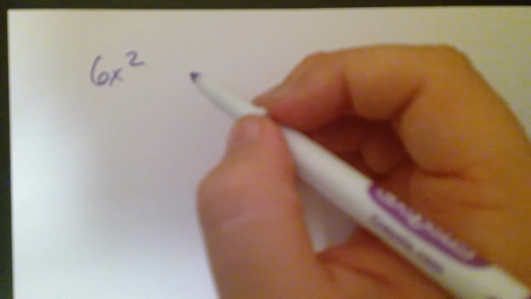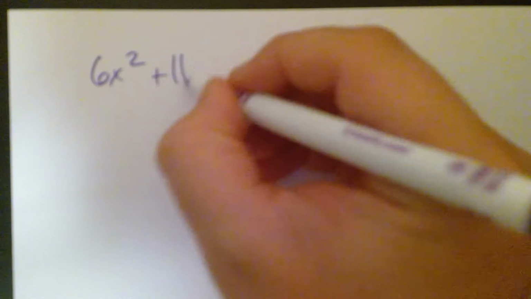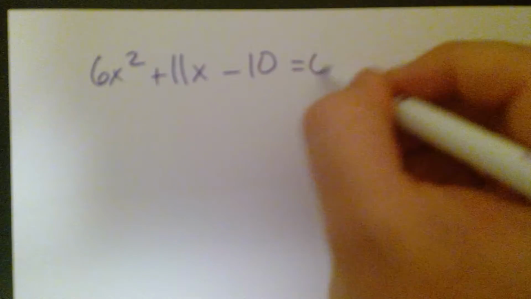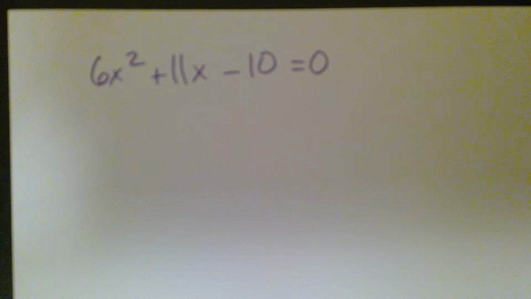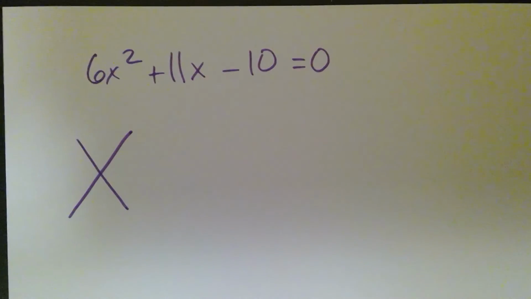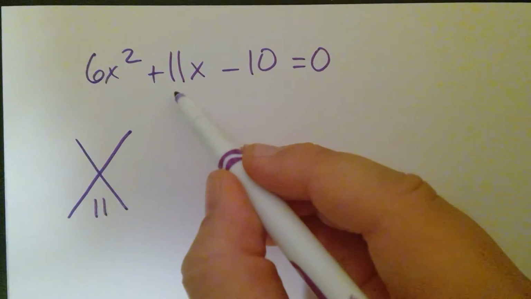So let's say that we are going to factor 6x squared plus 11x minus 10 equals 0. So we are in standard form, A, B, and C. So let's go and make our x. We're looking for two numbers that add up to make 11. Add up to the middle number.